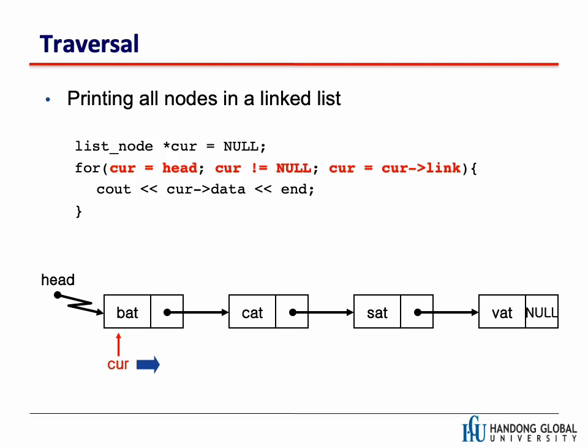And in the for loop, let's assume that head is pointing to the linked list like in this graph. Head is pointing to the first element, and the first node's link is pointing to the second node, and the second node's link is pointing to the third node, and the third node is pointing to the fourth, and the fourth is the last one because its pointer is null.